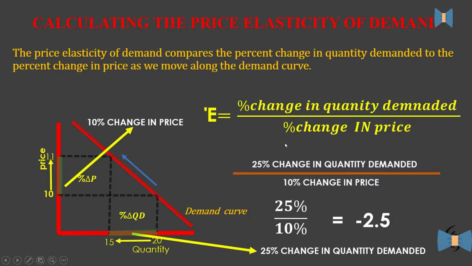That means the price elasticity of demand here is 2.5. It means that a 1% hike in price leads to a 2.5% decrease in quantity demanded. The negative sign indicates that when price increases, quantity demanded decreases. This is the law of demand.